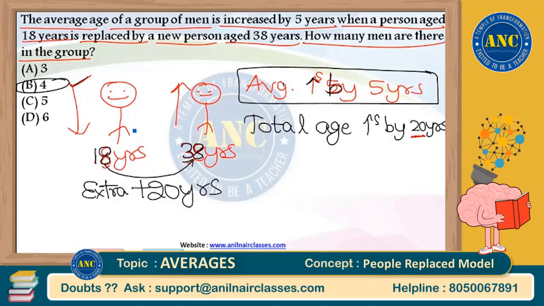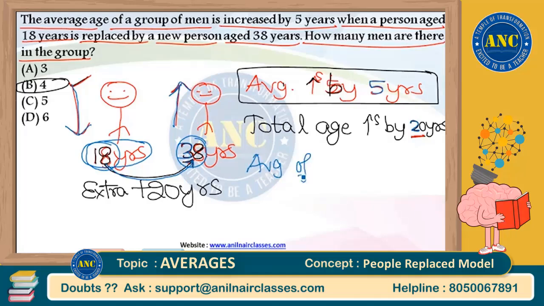And I am stressing this point very much from the last few minutes of my class. I am a person who is having an age of 18 years, Divya. I went out of the class. My friend is having 38 years age. He came inside the class. That means I was 18, he is 38. He is bringing 20 extra inside the class. Total age is increased by 20. Now, average increases by 5 years.